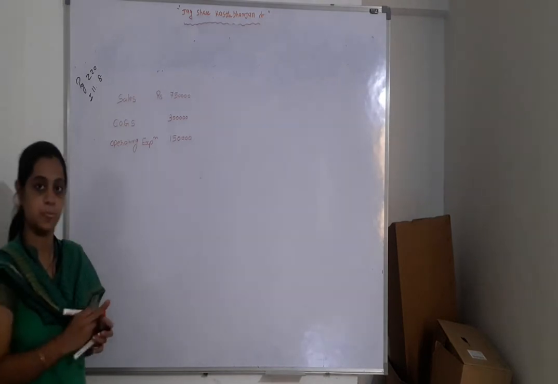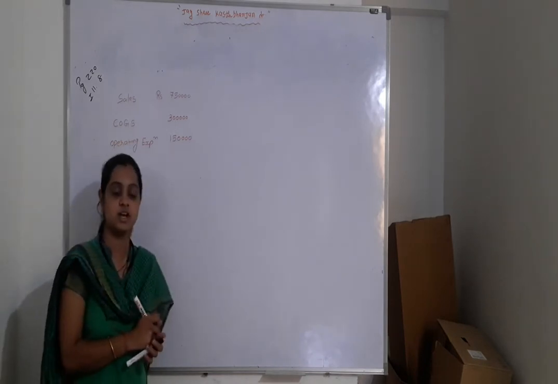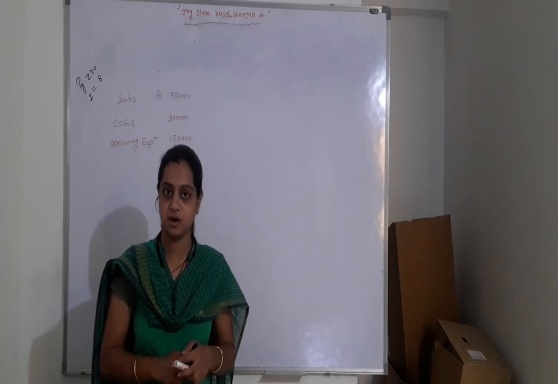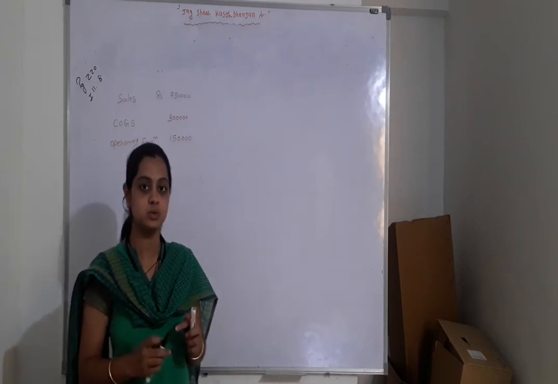So the main formula to find operating profit ratio is operating profit upon net sales into 100.